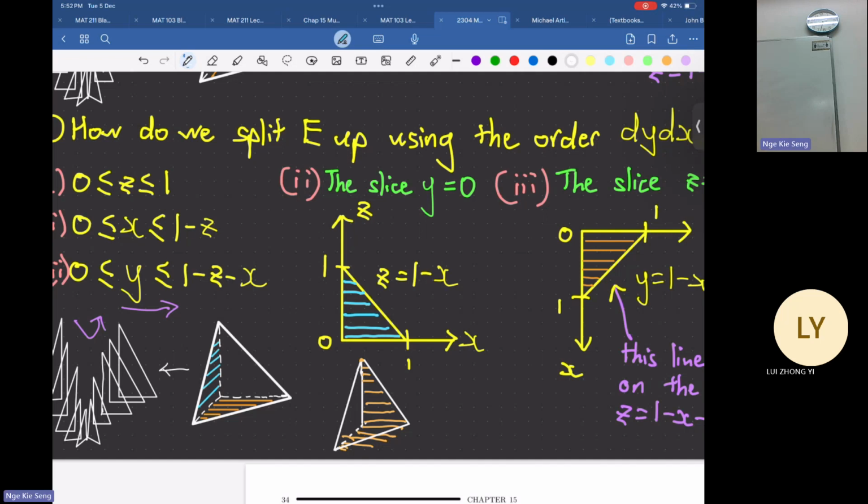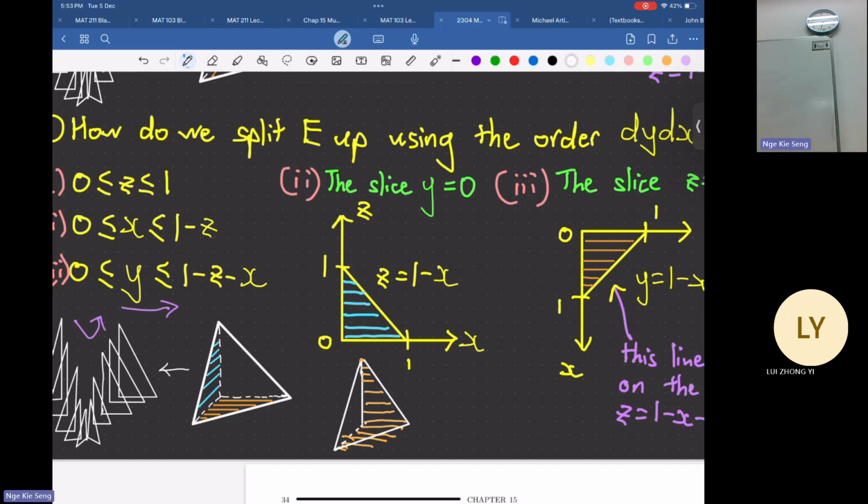Does that make sense? I just built the frame now. Then you need to fill the tetrahedron. So here, the Y should be 0. And then slowly you grow. Then you can fill up the tetrahedron. Does that make sense?